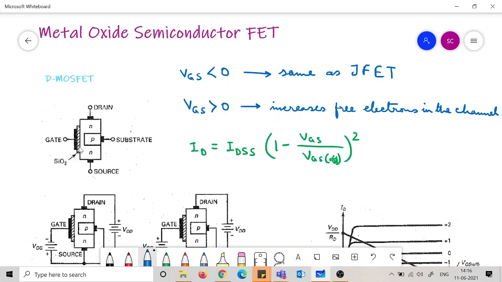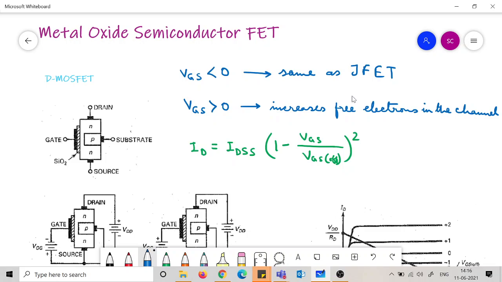So it acts exactly like the junction field effect transistor when your VGS is negative. That means the gate voltage is negative relative to the source voltage. So when VGS is less than 0, it works the same as the JFET.